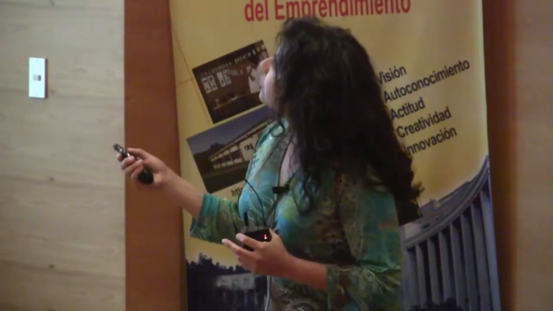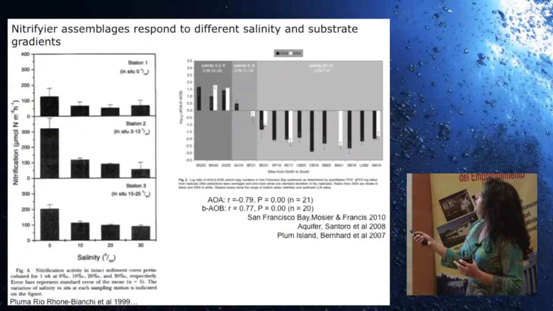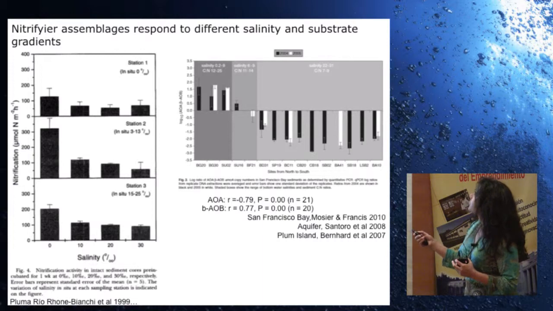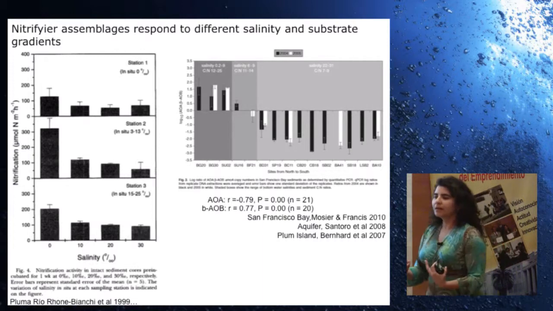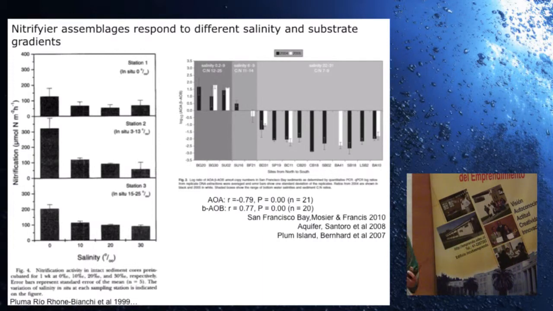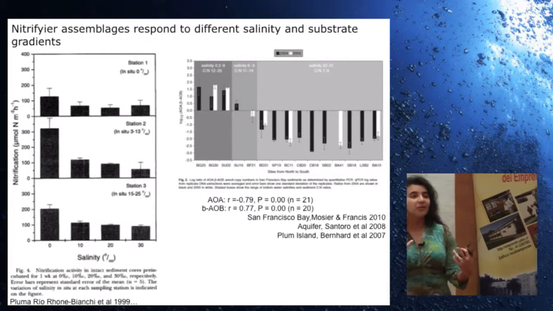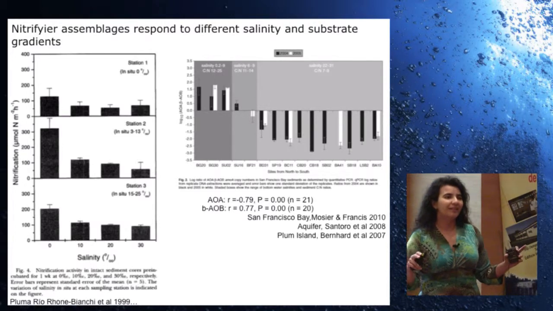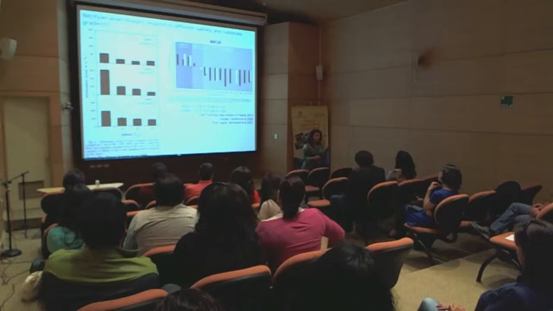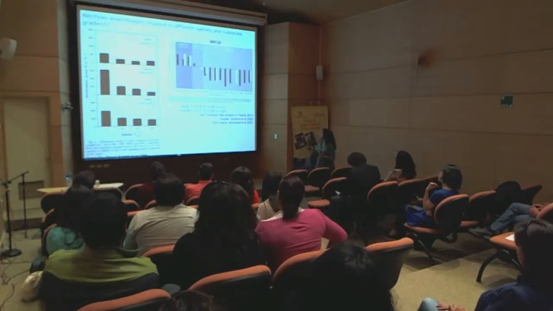And this is related with salinity, with a higher contribution of archaea, for example, in low salinity sites compared to high salinity sites, but also related with the nitrogen available. So it's hard to exclude both factors.